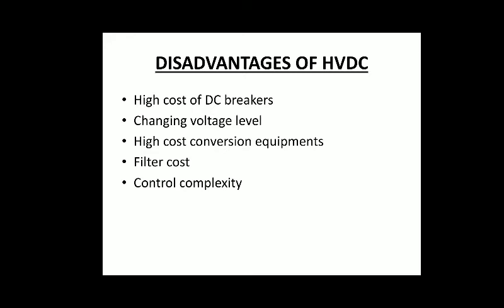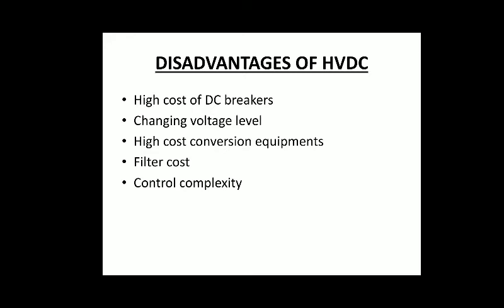So if you use HVDC we have to convert the HVAC to HVDC, and the conversion cost is high because we need rectifiers, filters, etc., and that costs money, okay. So it includes filter cost.